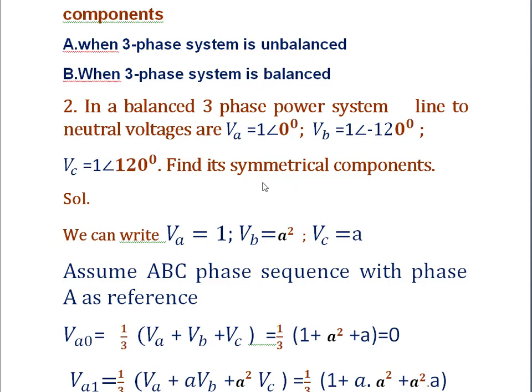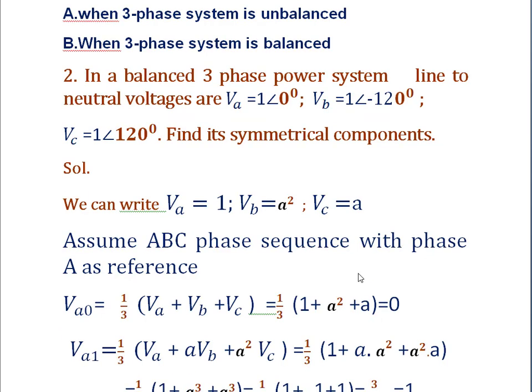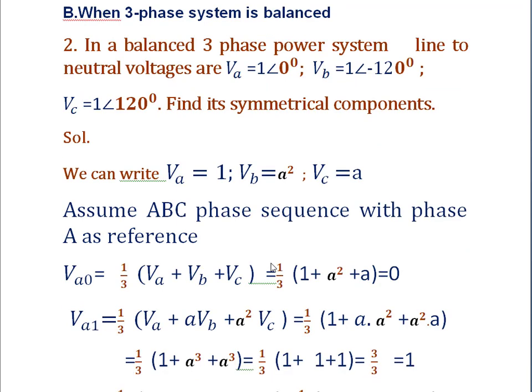To calculate the symmetrical components, we assume the phase sequence as ABC and phase A as reference. The equation for the zero sequence component with phase A as reference is VA0 is equal to 1/3 into (VA plus VB plus VC). In place of VA, I am substituting 1.